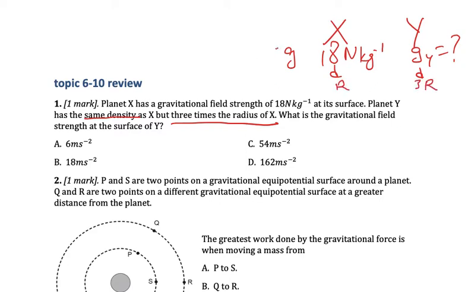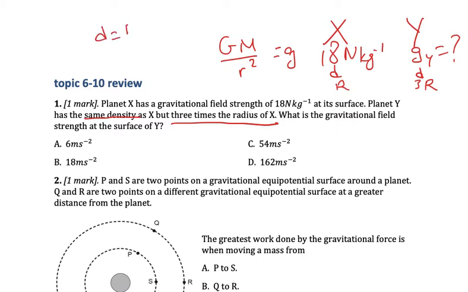Now, to write an expression for being able to compare these two, we need g, which gives GM over R squared. So we have their radius ratio, but we don't know their mass ratio. Well, we know mass is equal to density times volume. So let me write that here.